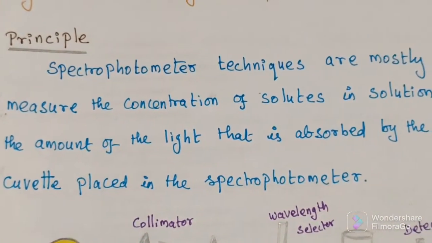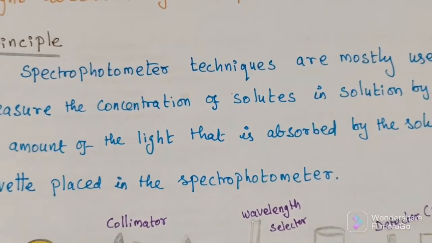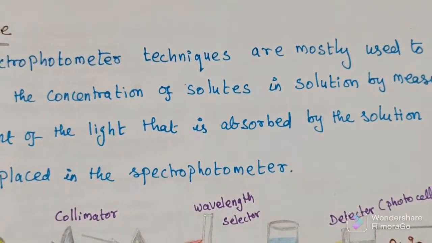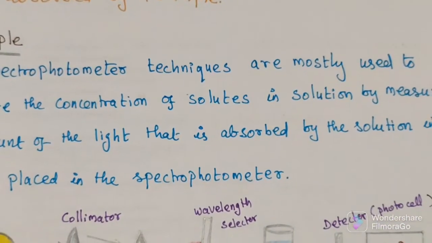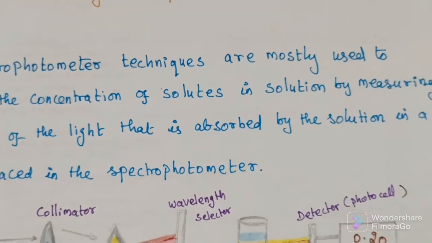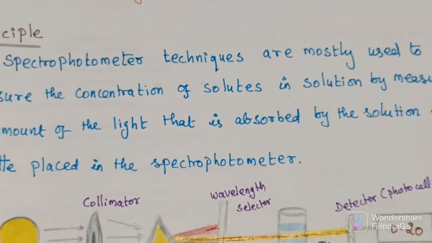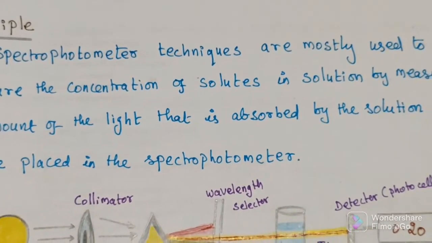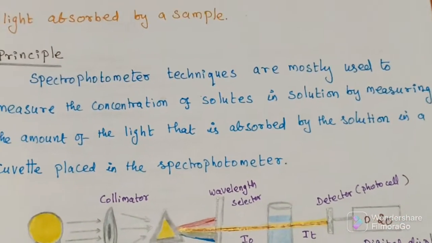Next, the principle of spectrophotometry. Spectrophotometer techniques are mostly used to measure the concentration of solute in a solution. Here the solution is our test solution, and we measure the amount of light absorbed by the solution in a cuvette placed in the spectrophotometer.